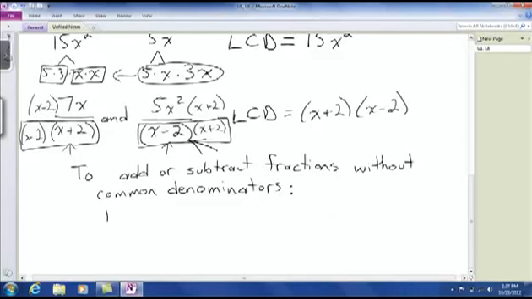Okay, step 1, find a common denominator, preferably the least common denominator, because that makes you do the least work possible, and of course we don't want to deal with bigger numbers than we have to.